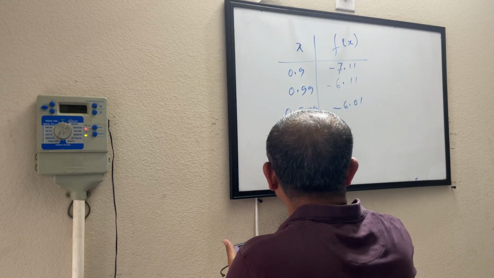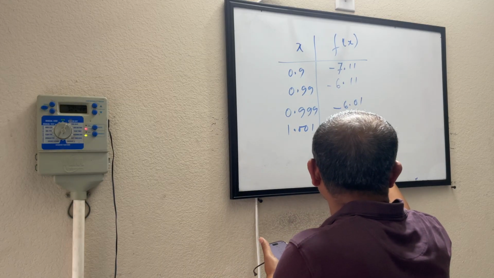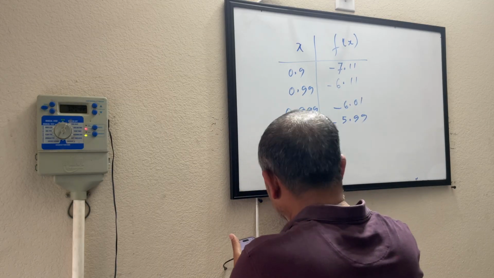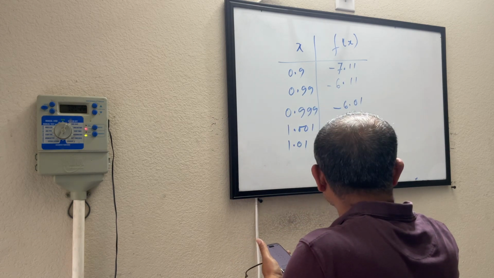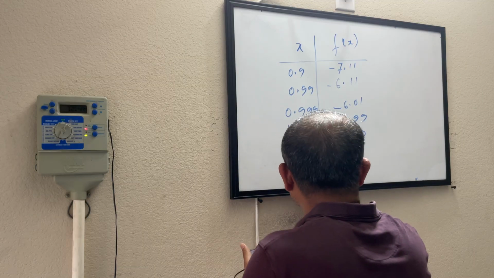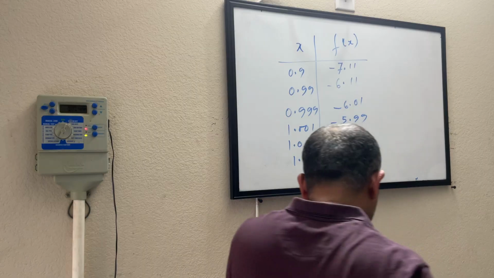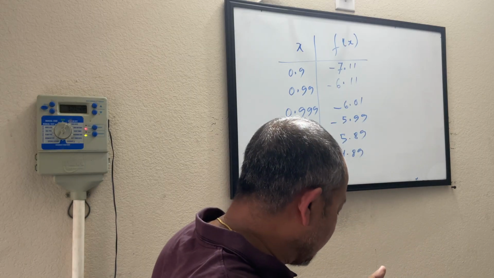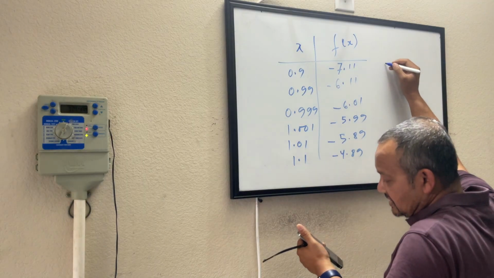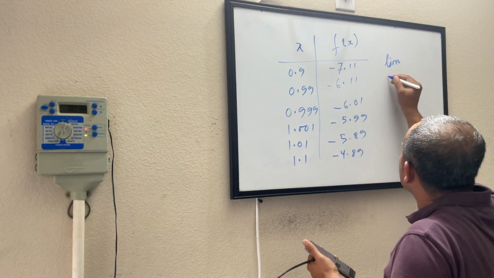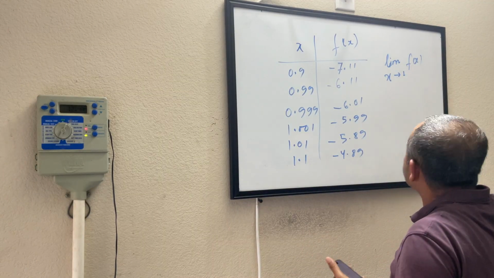When x is 1.001, it is minus 5.99. When x is 1.01, it is minus 5.89. When x is 1.1, it is minus 4.89. The question is, what is a reasonable estimate for the limit of f(x) as x approaches 1?